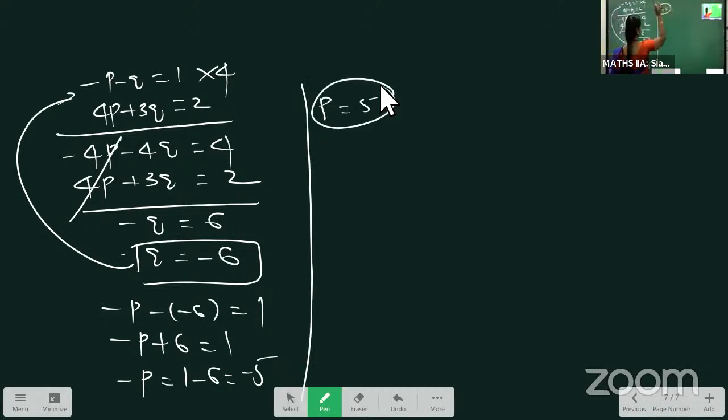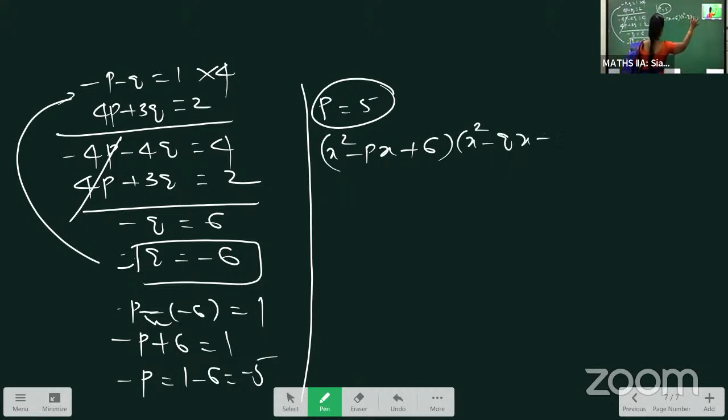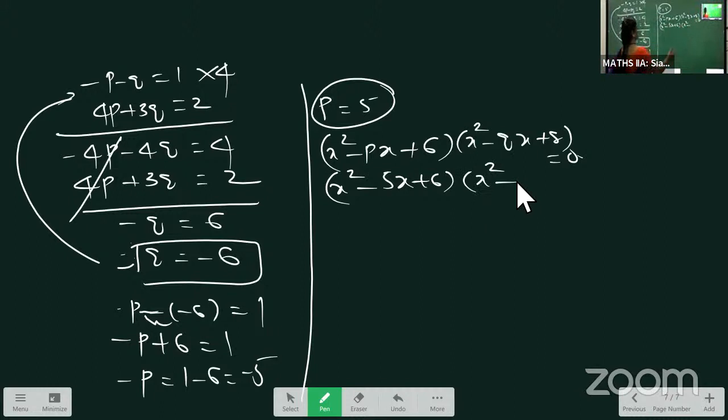So now the biquadratic equations we have: x square minus px plus 6 is one equation, and x square minus qx plus 8 is equal to 0 is the other. So x square minus, the p value we got is 5, plus 6, and x square minus, the q value is minus of minus 6, plus 8 is equal to 0.